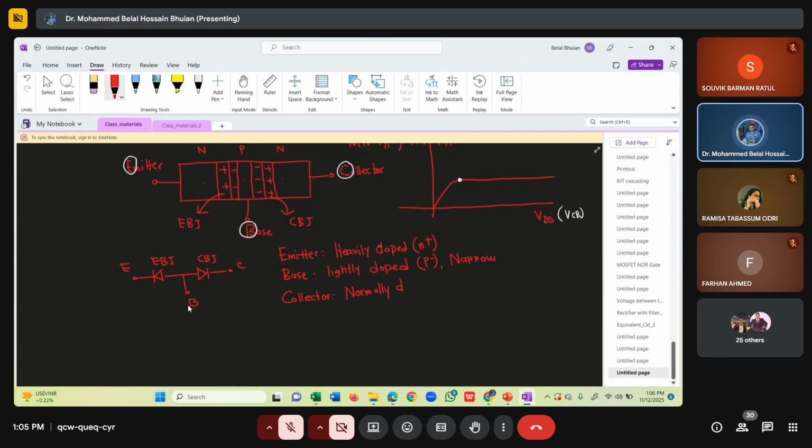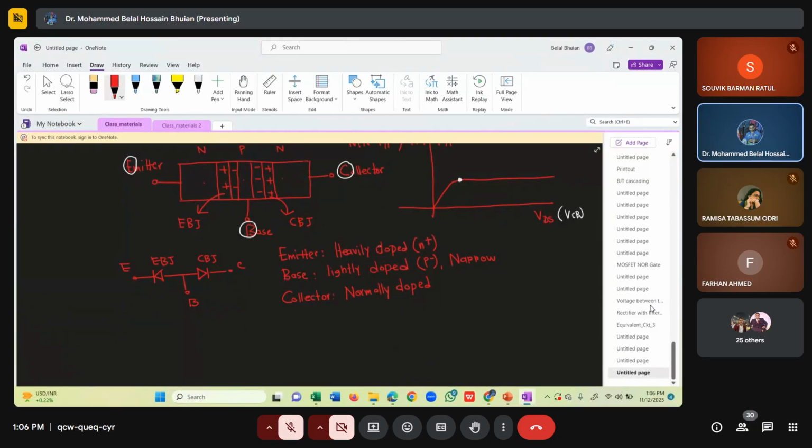So this is the doping profile of each region: emitter heavily doped, base lightly doped, collector normally doped. And on top of that, the base region width-wise is narrow compared to the emitter and collector regions.